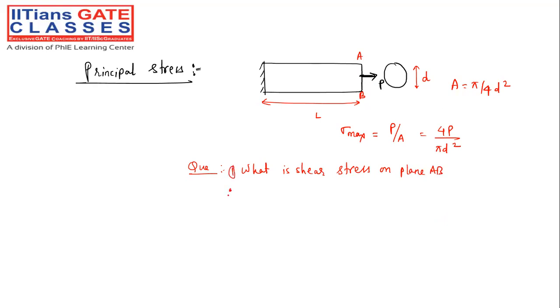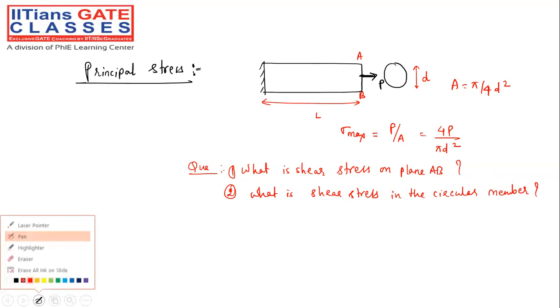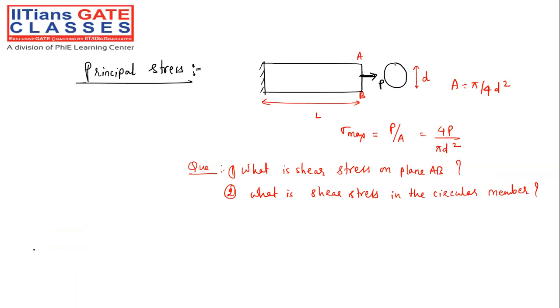My second question is: what is the shear stress in the bar, in the circular member? So there are two questions which I kept right now. You can see very clearly. The first asks for the shear stress on a particular plane AB.